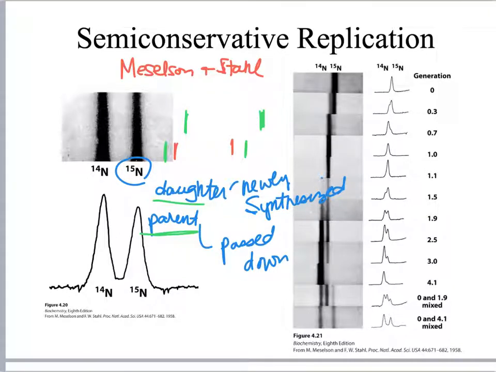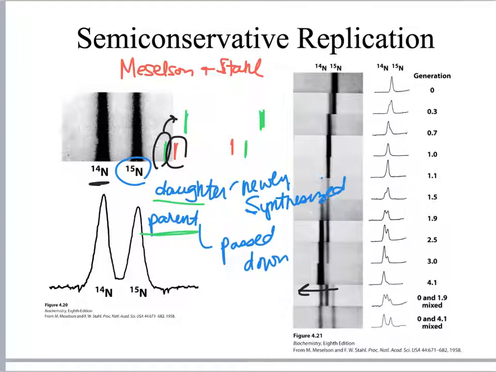The parent strands would have the original nitrogen 15, and the daughter strand would have the nitrogen 14 in it. As you move from one generation to the next, you're going to incorporate more of that nitrogen 14.